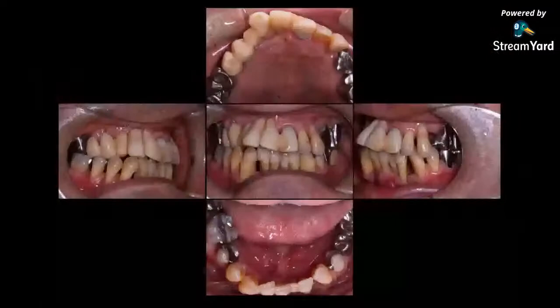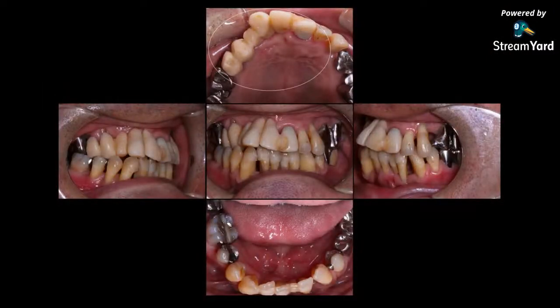And this is a photo, and you can see the long temporary bridge about upper jaw, and about lower anterior tooth, there was some fix by resin, and lower right, there used to be some splint fixing, but it's broken.